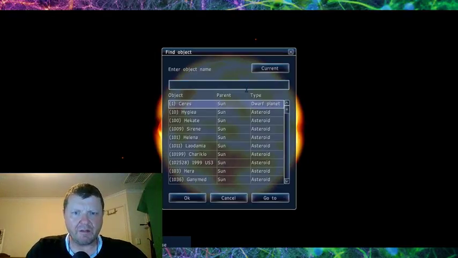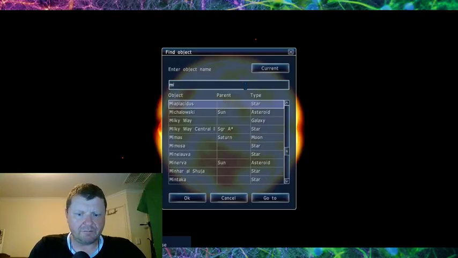Because Space Engine is a lot of fun. Now, excuse me, let's look for the Milky Way. Whoop, there we go. The old Milky Way. You can turn up the brightness a little bit.